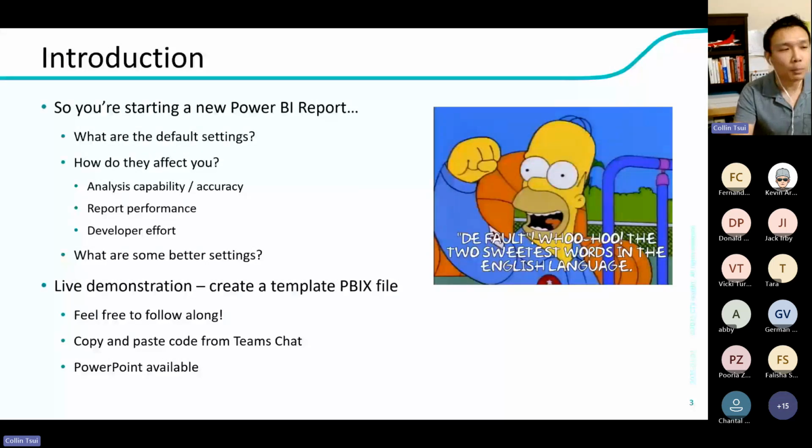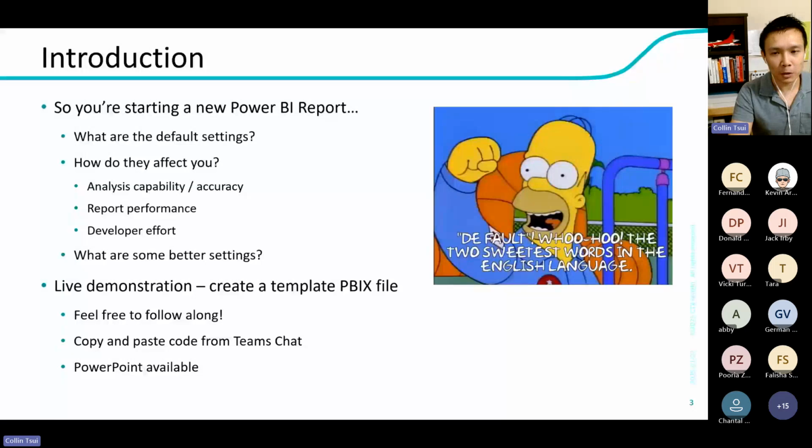There's also report performance. Some of those default settings are really aimed at people with zero Power BI experience, which can sometimes consume more resources than absolutely necessary. So as soon as your model gets a little bit bigger, you might notice a significant drag on performance. There's also developer effort.